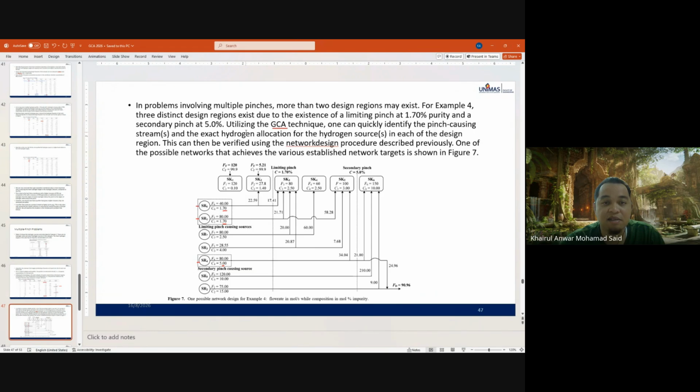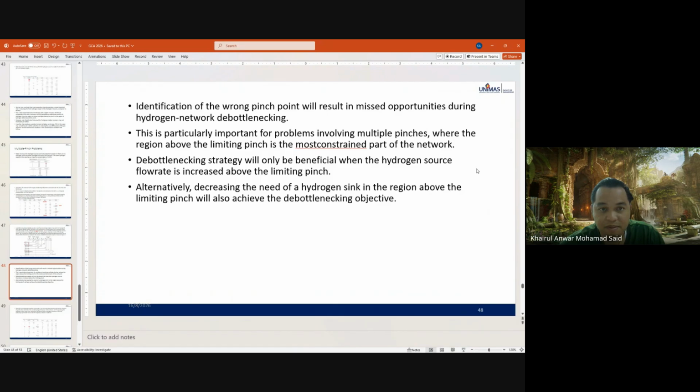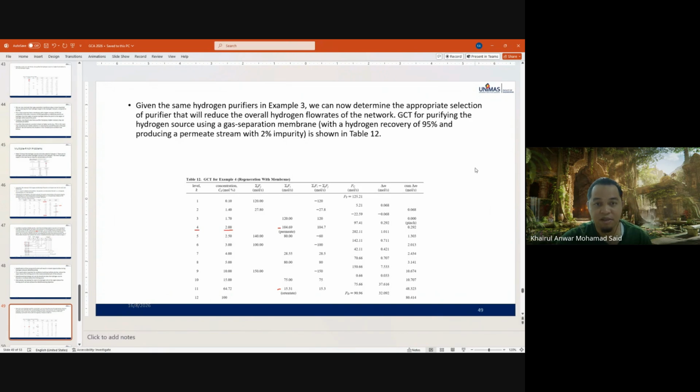This can be verified by having a source in each of the design regions. So the second pinch we call the secondary pinch. The first pinch is the limiting pinch. So 125.1 is based on the limiting pinch.